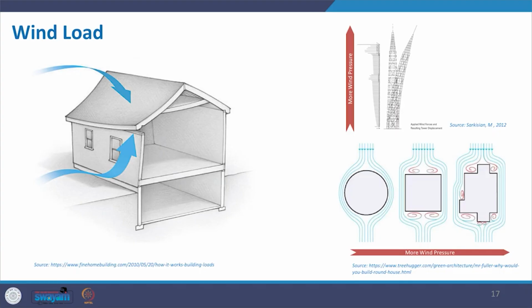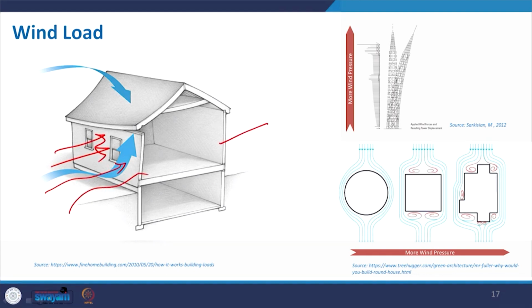Now, come to the wind load. Here it is actually due to the wind. Okay. So, wind will create some thrust on this wall, and then at the back it will create suction. This is called positive and negative pressure. That will also create sway of the building, and the velocity of wind increases if your height increases.